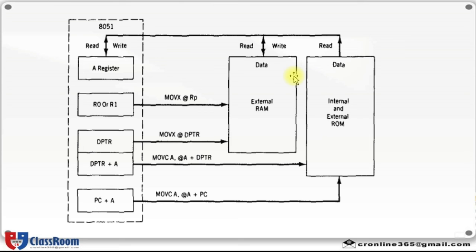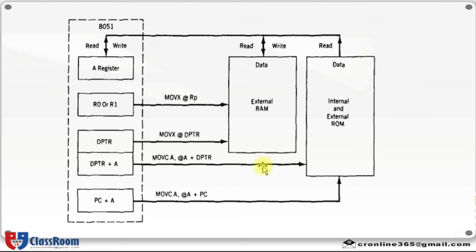That is, if we are accessing data from an external RAM, then we are using the instruction MOVX. If we are accessing data from an internal or external ROM memory location, then we are using the instruction MOVC A, @A+DPTR or MOVC A, @A+PC. So external RAM means MOVX, and internal and external ROM means MOVC.